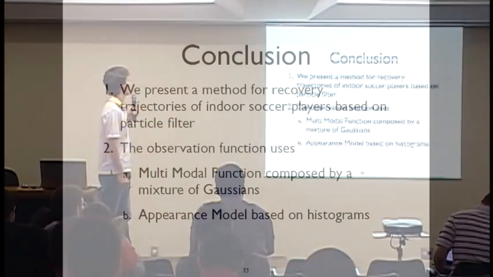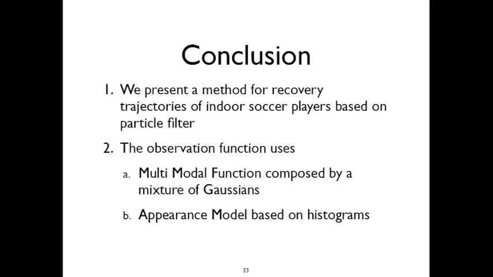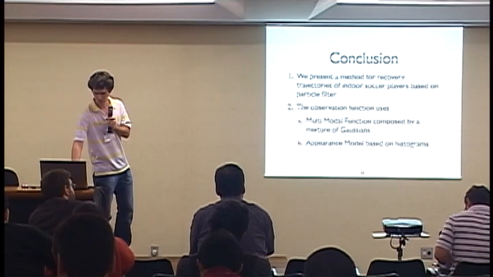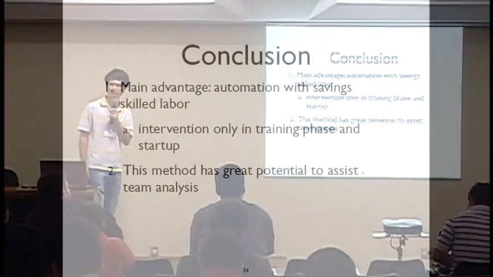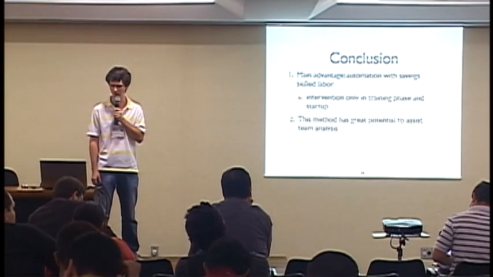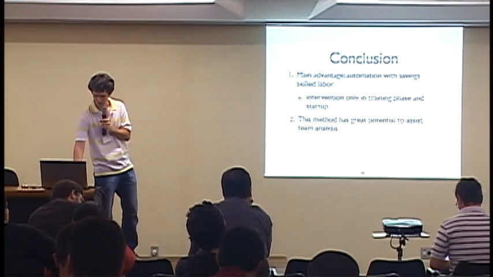We present a method for recovering trajectories of indoor soccer players. The observation function uses multimodal functions with an appearance model. The main advantage of our method is automation, with human intervention just in initialization.